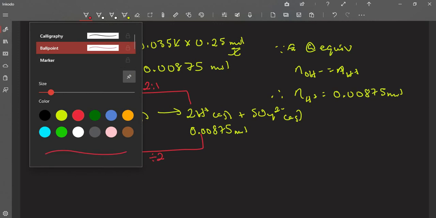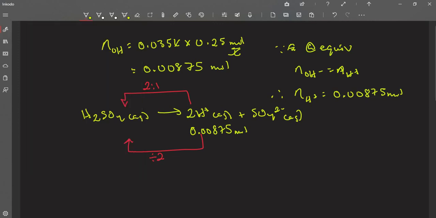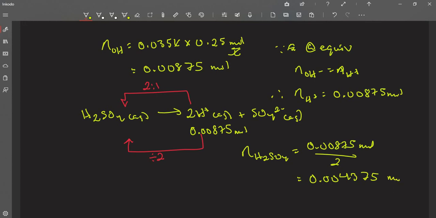So let's do that. To figure out the number of moles of H2SO4, all we need to do is take that, divide by 2, and we end up with 0.004375 moles of H2SO4. And we're almost there now.